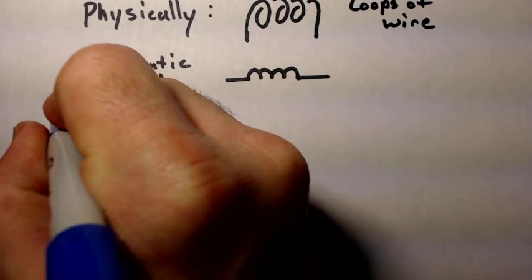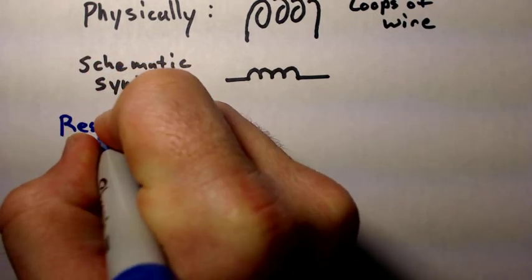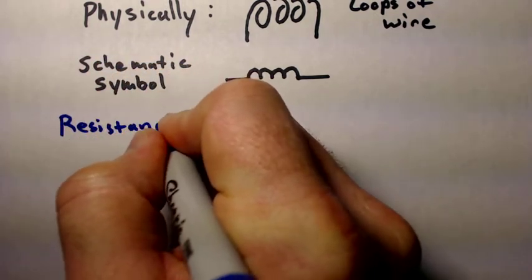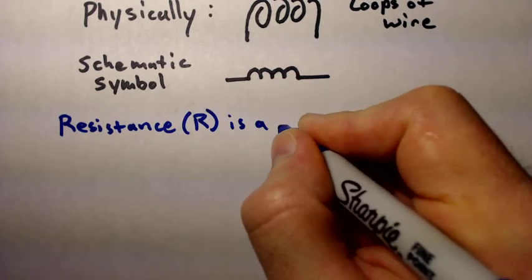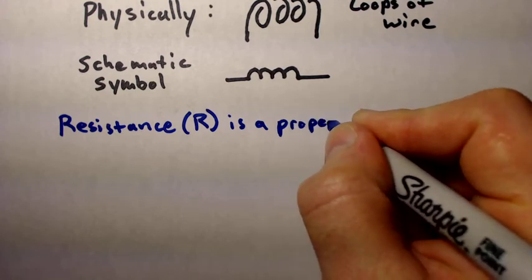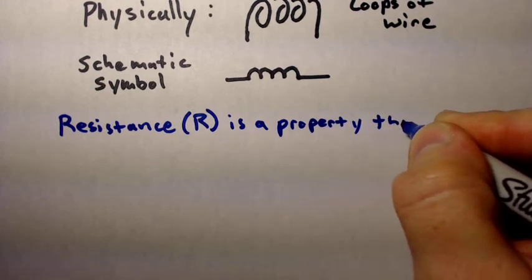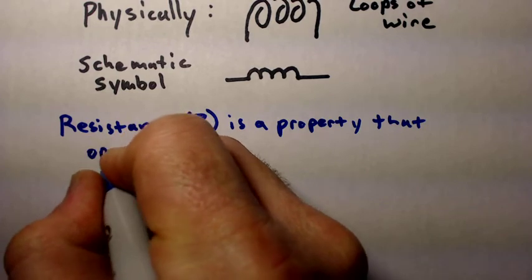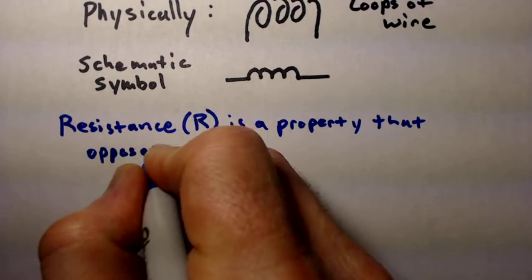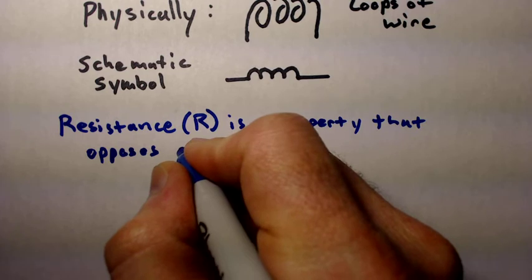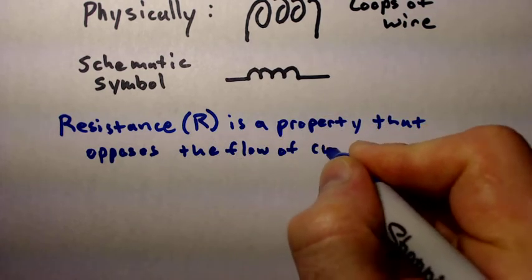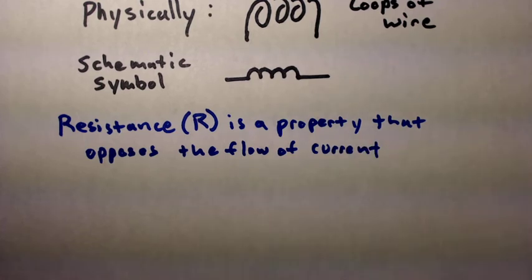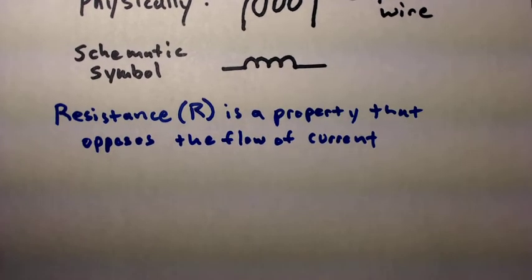So resistance, R, is a property that opposes the flow of current. Right? That's what we've been dealing with thus far.